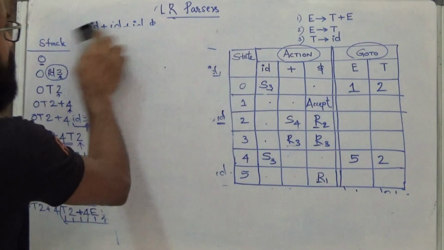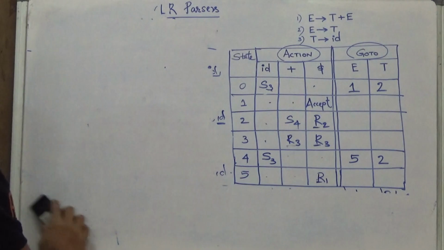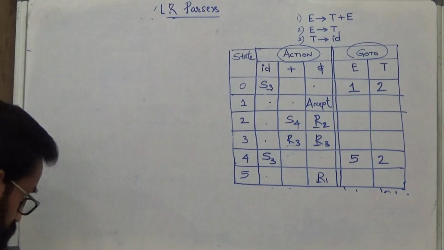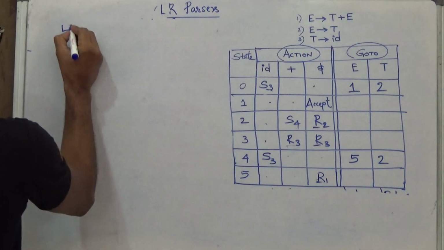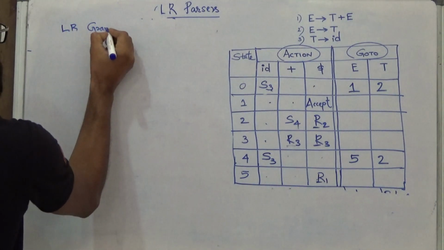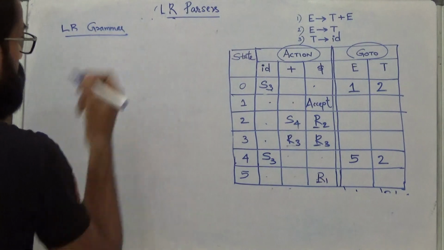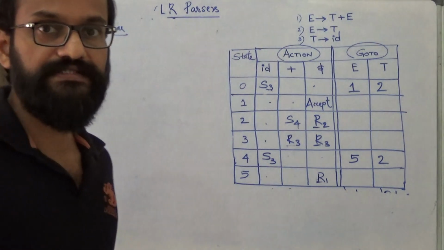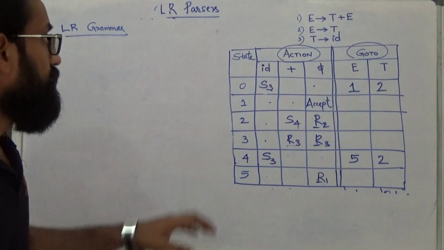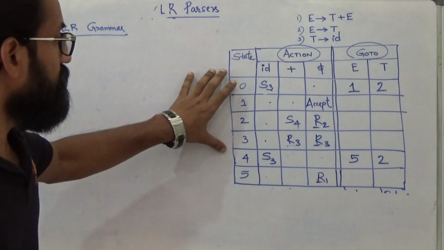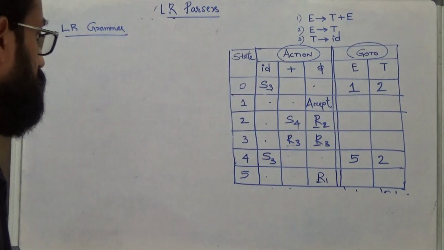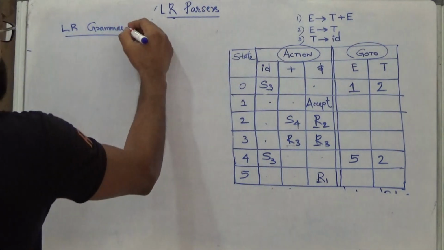Now let me define LR grammar. What do you mean by LR grammar? If it is possible to construct a parsing table with a unique entry at each location, then we can call that grammar as LR grammar.